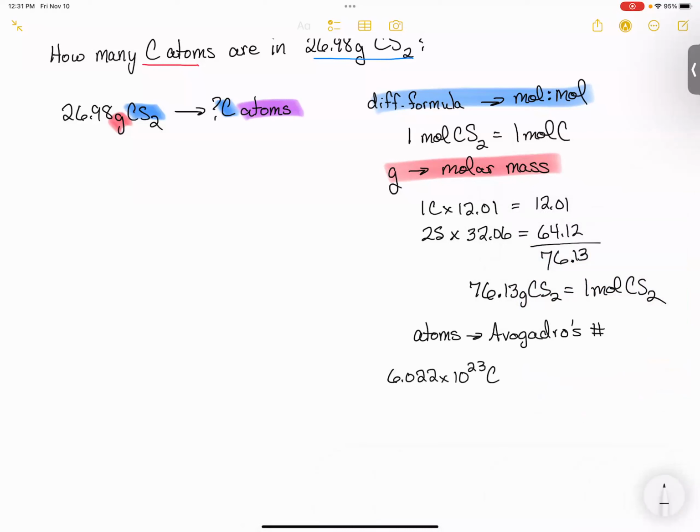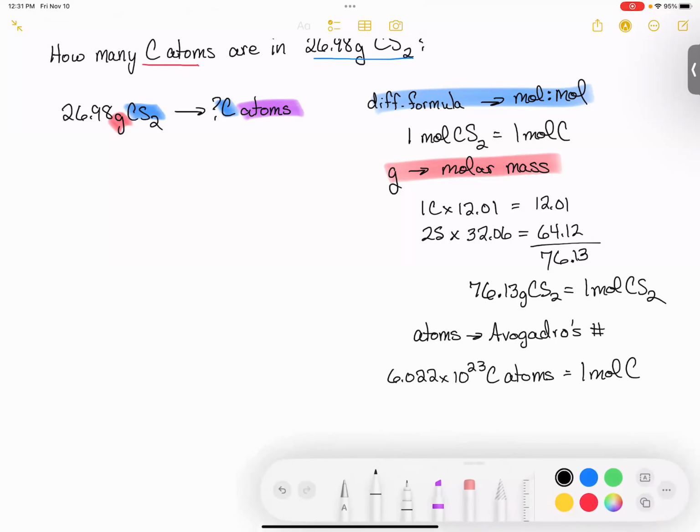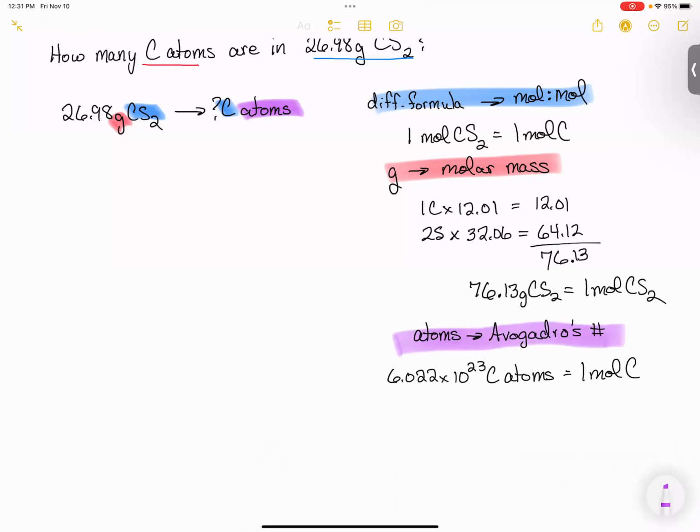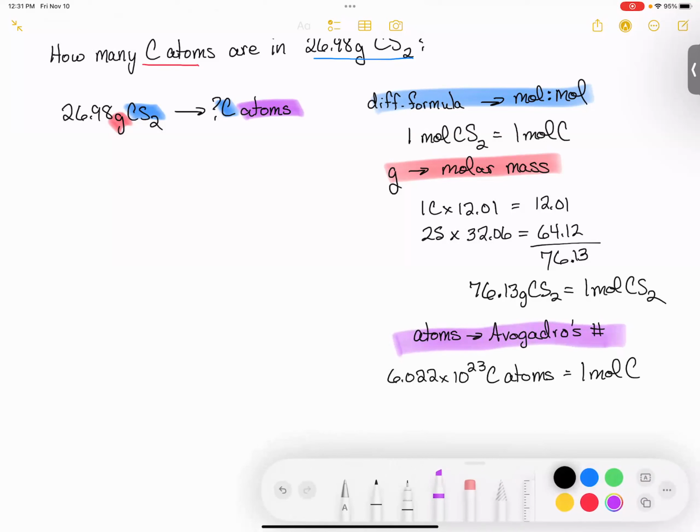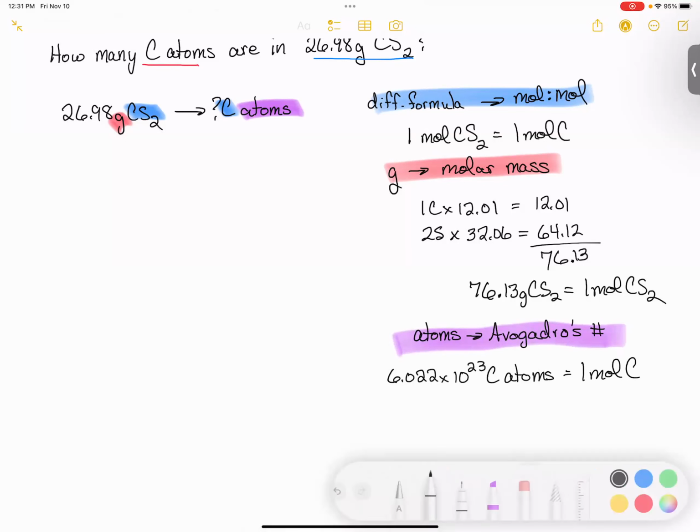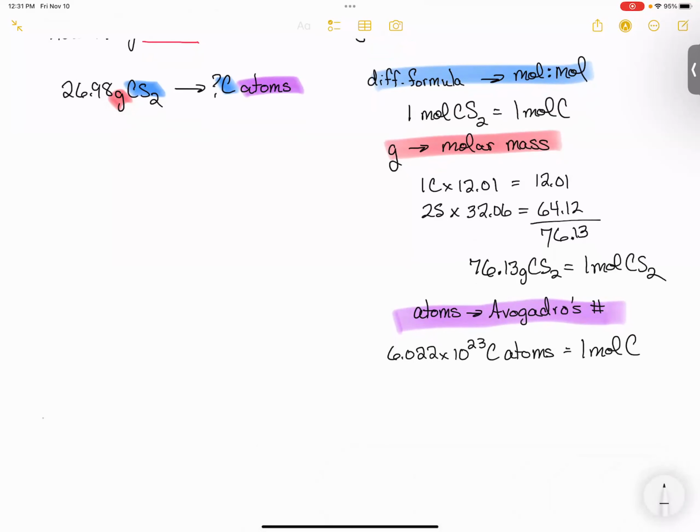In this case, 6.022 times 10 to the 23rd carbon atoms is equal to 1 mole of carbon. Now that I have all the pieces that I can discern from the question, I'm going to start this conversion.